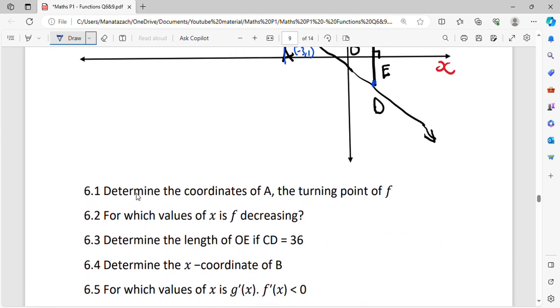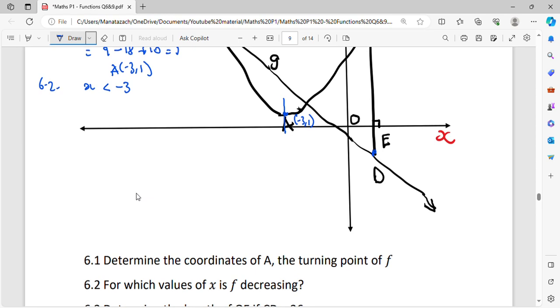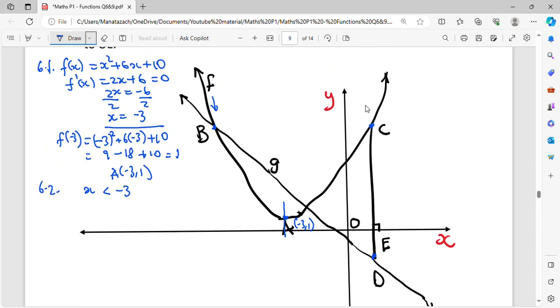Now let's go to the next question. Determine the length of OE if CD is 36. Okay, you'll notice that CD is the difference between the function f and the function g. So in order to find the length of OE, we need to find the x coordinate for this line, right?